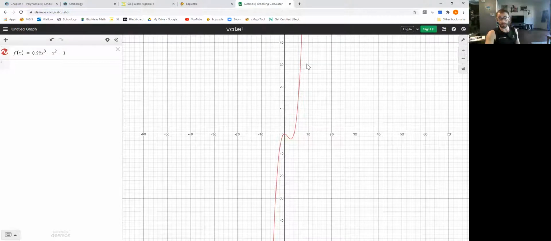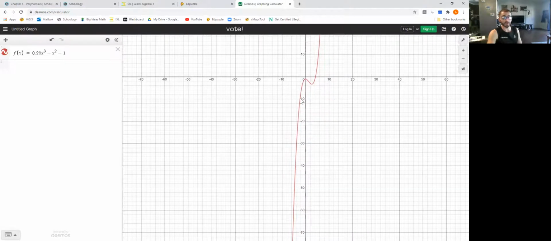So, or as the book will say, as y goes towards positive infinity, x is going towards positive infinity. As f of x goes towards negative infinity, right? F of x, y is going down. Where the x is going, they're going towards negative infinity as well.